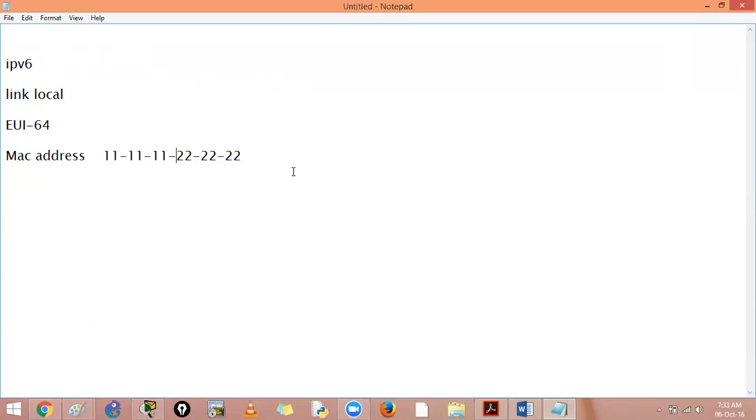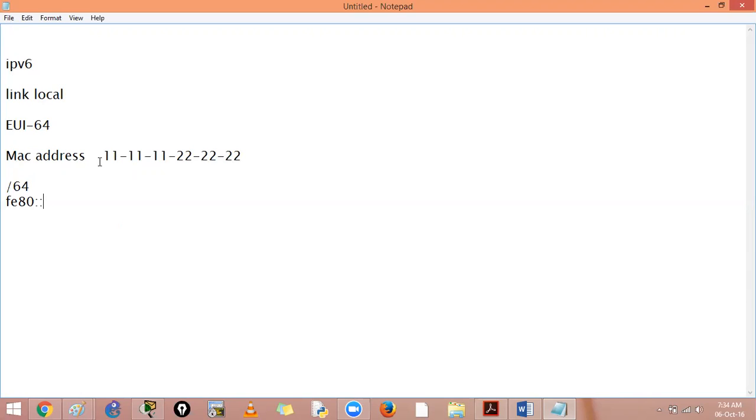Now what will your adapter do is, it needs 128 bits of address. Half of the address it has, /64, it knows, because /64 is FE80, that is fixed, ::. So half of the address it has, it needs the other 64 bits.